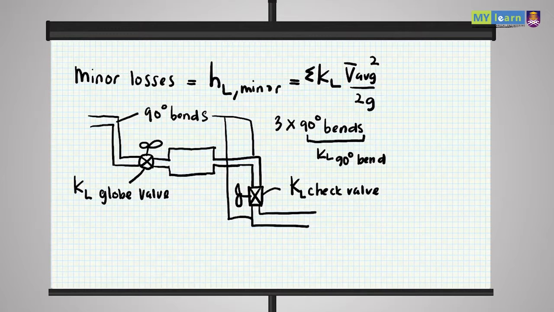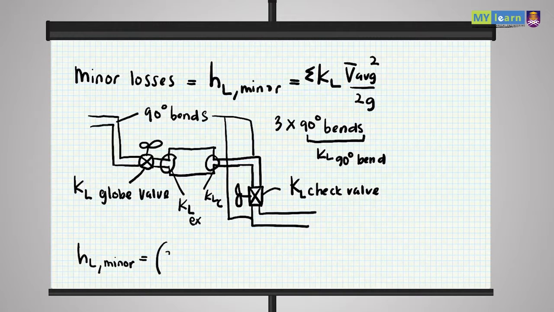If you have expansion or contraction, we also have a different KL for each one. So how do we use all this KL inside our study? Simple. For this picture, we can put HL minor equals the summation of all KL.